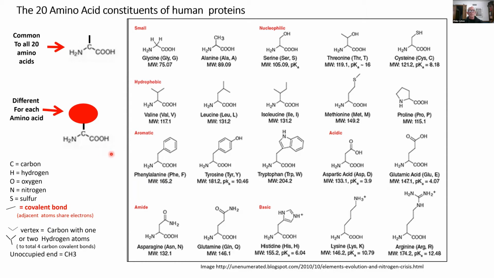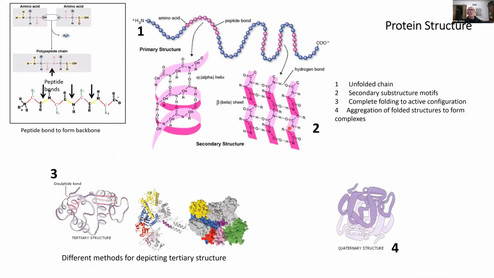So there are 4 levels of structure for a protein. This square up here in the left-hand corner shows the backbone chain being formed by bonds between those structures that I showed you.